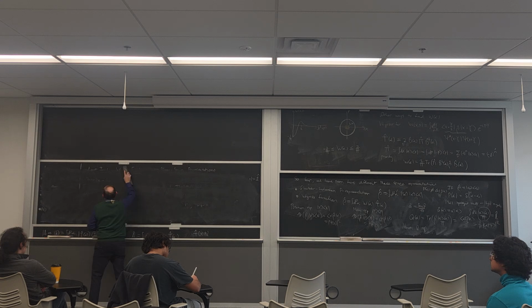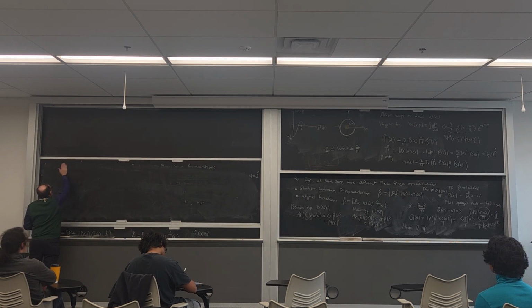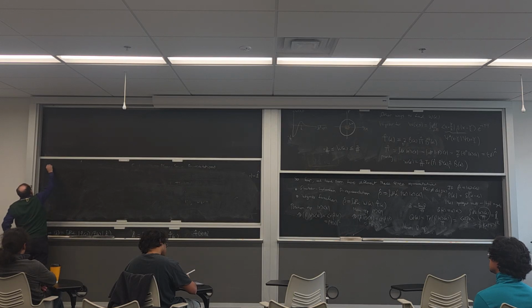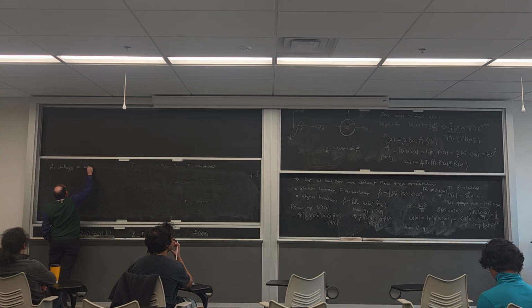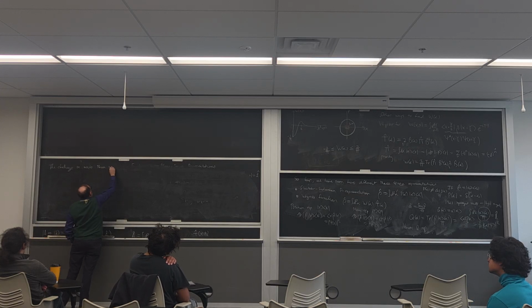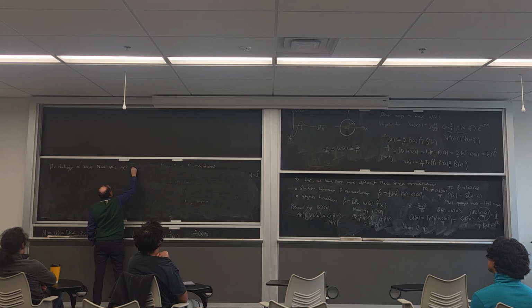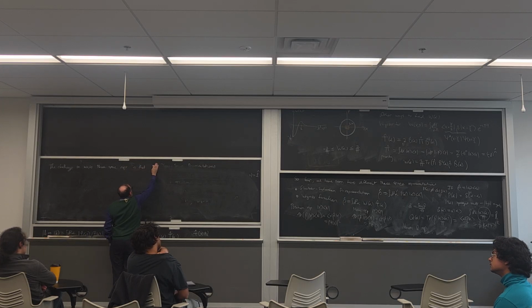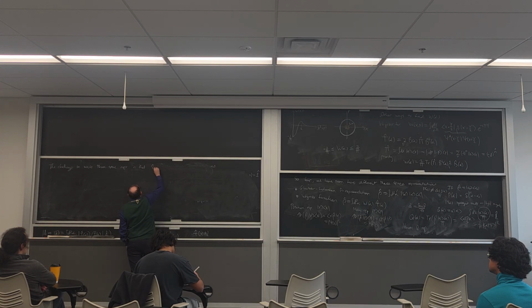So, what this is all related to, the challenge in writing phase-space representations is that X and P don't commute.